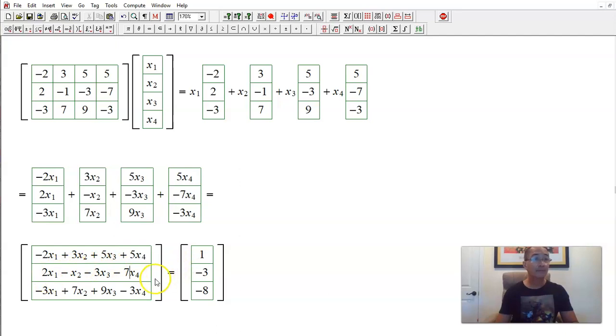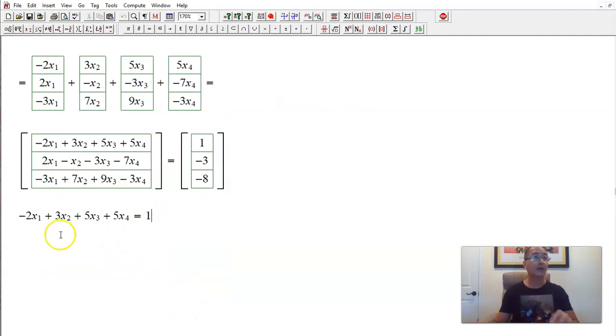And that matrix is equal to this matrix. So of course, what that means is that this expression has to be equal to 1. And so on with those two other rows. So that second entry has to be equal to -3, and this third entry has to be equal to -8.